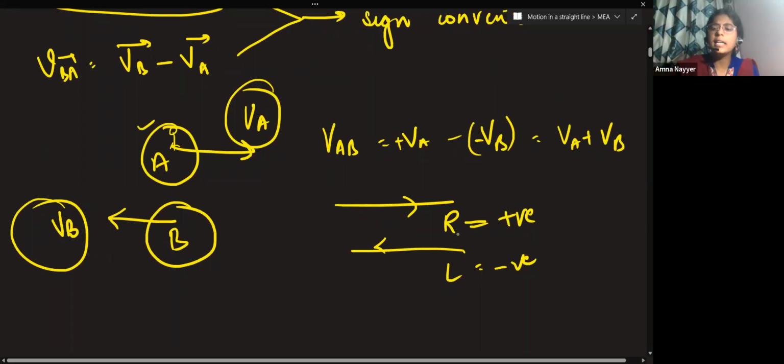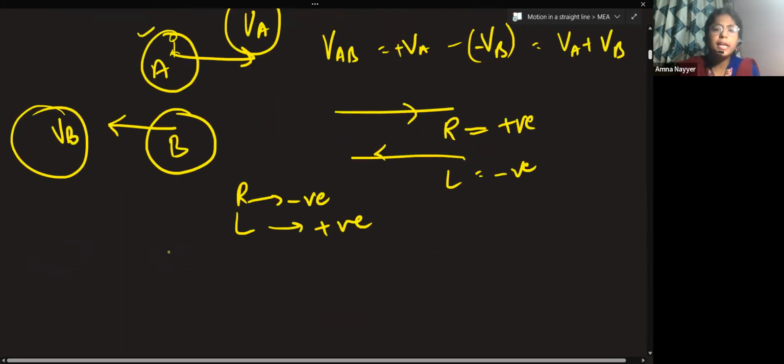Let's say I didn't take right as positive. Let's say I took right as negative. If I took right as negative and left as positive, then this VA will become negative. So VAB would have become minus VA minus VB.